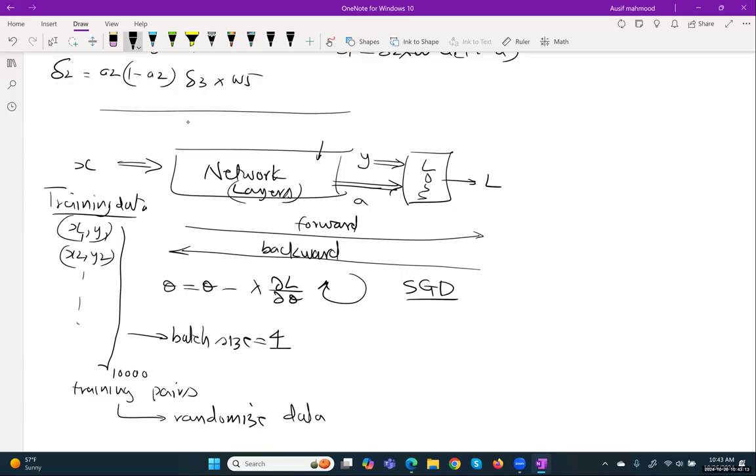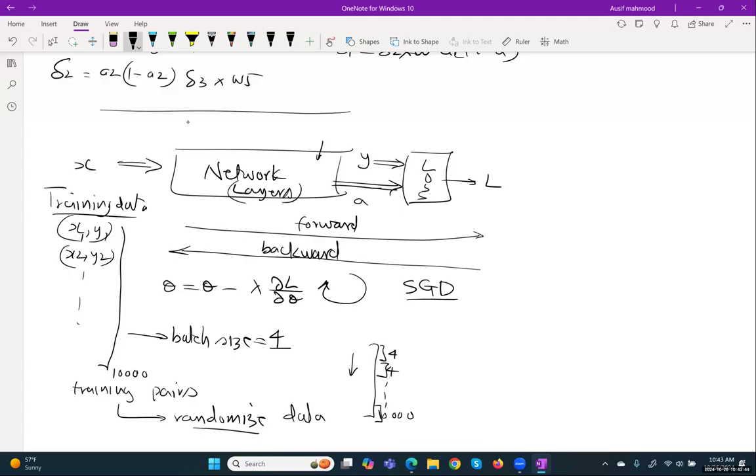Then once it is randomized, you will start picking 4, then 4, then 4, until you go to the end, right? Okay, once you have completed one batch of 4 in sequence. Now we are going in sequence, but because we already had randomized it, it's not picking things in the same order every time.